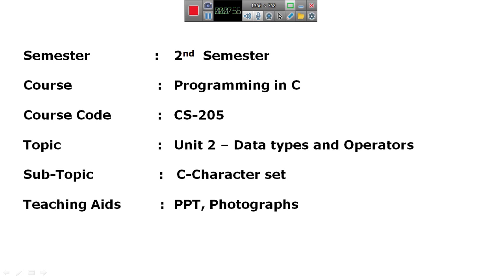And then the differences between flowcharts and algorithms are also covered. And then the language translators, and types of languages: high level language, low level language and machine language.